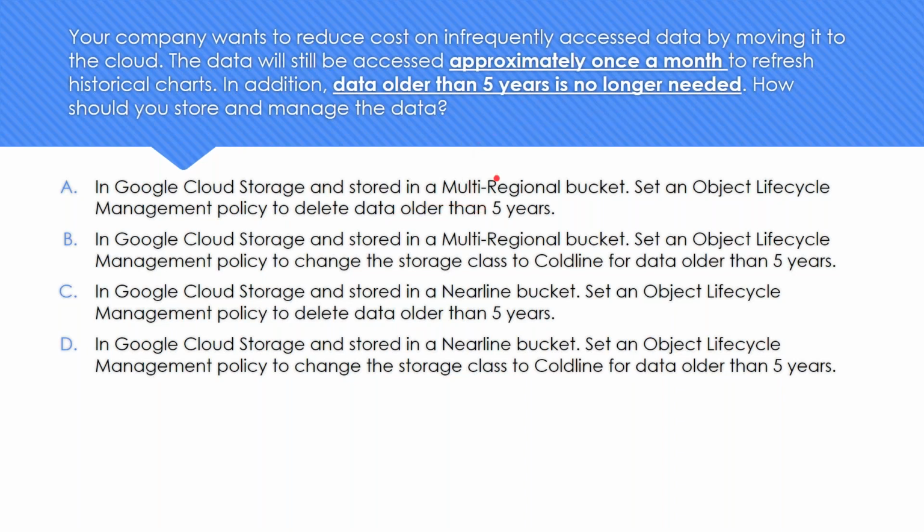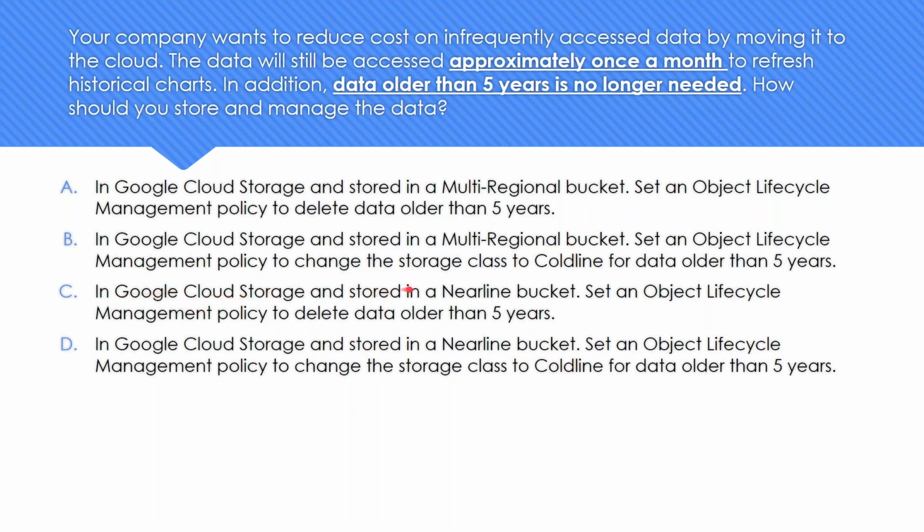That's what they mentioned. That's going to be good. But in option B, making it Coldline is going to make it more expensive. So option B is the most expensive option, I would say. The reason is you keep it in multi-regional, and after 5 years, you keep it in Coldline. So the cost is always going to be incurred. Very expensive one, option B.